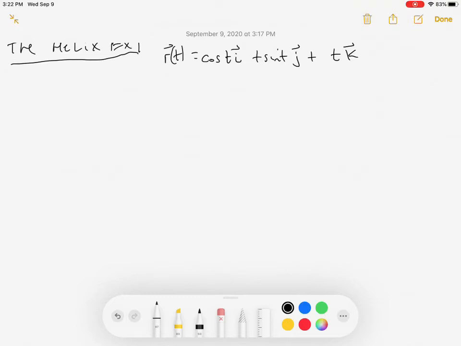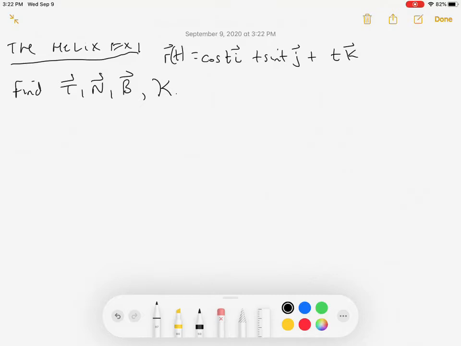Okay, so this is the big example I want to do to go along with this TNB frame. And so we've got to do a whole bunch of calculations here. So let's just get into it. So we want to find T, N, B, and kappa for this helix.